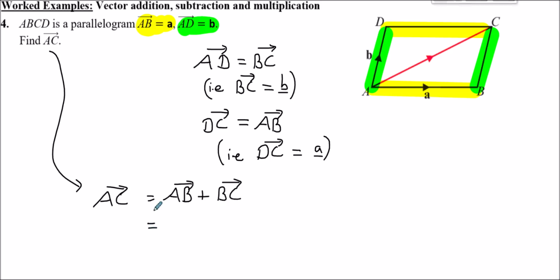But like I said earlier, from A to B, obviously we know that's A. But then from B to C, here, BC is the same as AD, which is B. So it's just simply A plus B.